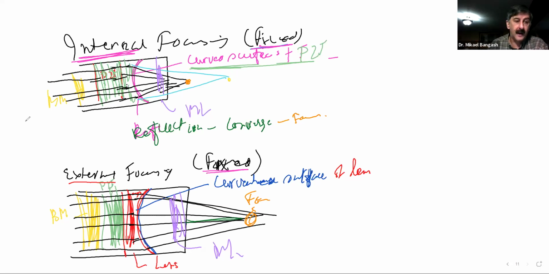Whereas in internal focusing, it was the surface of the PZT itself that was curved that will cause the sound waves to refract to focus at a point, and this point was going to be fixed.